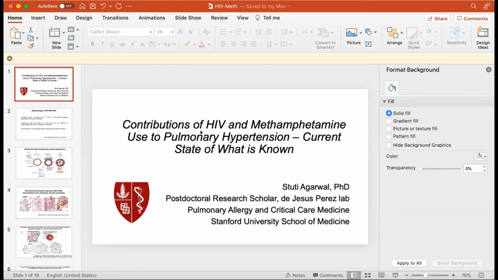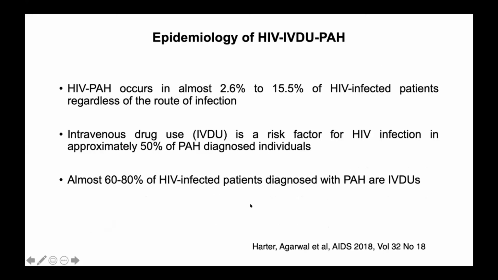If we talk about the epidemiology of HIV, IVDU, and PAH, IVDU is intravenous drug use, which includes morphine, cocaine, methamphetamine and other drugs of abuse. HIV-PAH occurs in almost 15% of HIV-infected patients, regardless of the route of infection.